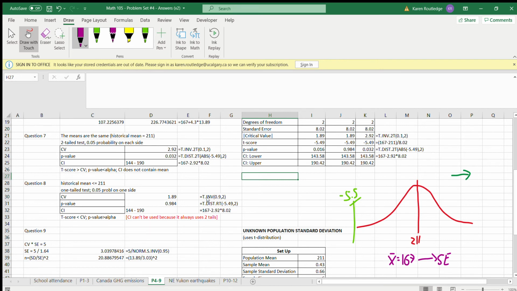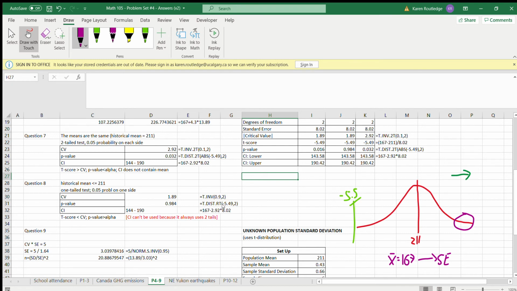That's why we use the dist and not the inverse. Because we are doing a one-sided test and we are interested in the right-hand tail, remember we had a rejection region that was over here, and we also add the .rt. And so that's what we put in.